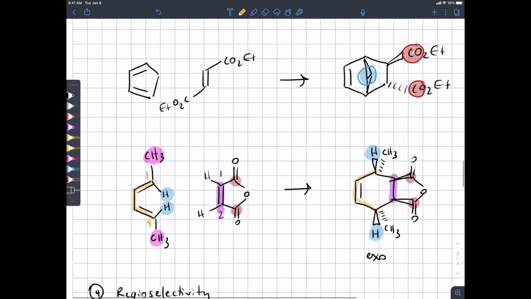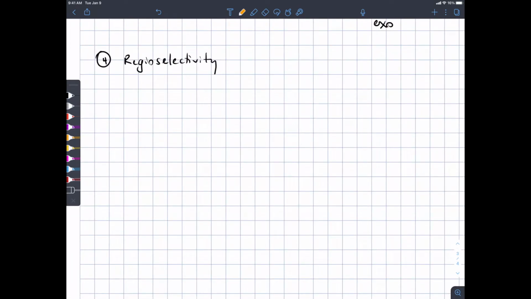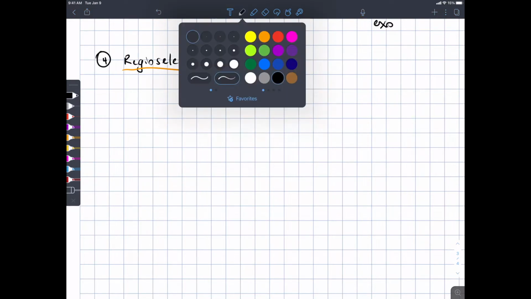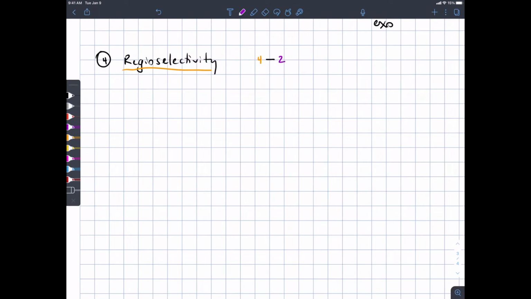That issue of which sigma bonds we make between orange 1 and 4 and between purple 1 and 2 is the issue of regioselectivity. That is, do we make the following bonds, orange 4 and purple 2, orange 1 and purple 1, or orange 1 with purple 2 and orange 4 with purple 1?